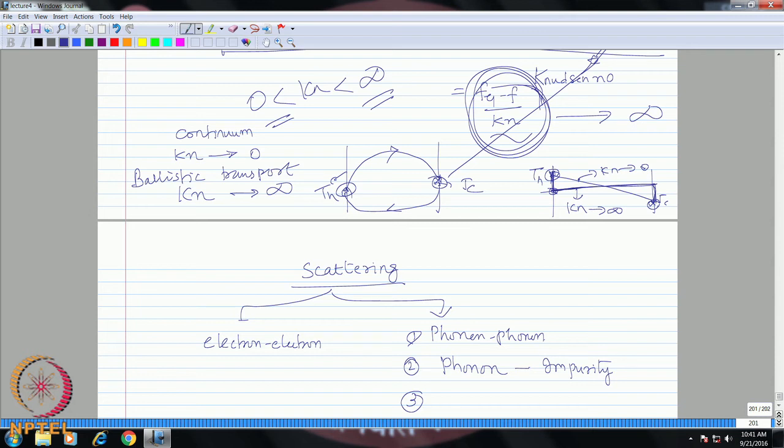So, we can say that the right hand side term goes to 0, but you also have a phonon boundary scattering. The phonon just does not go and get stuck to the boundary, it also gets scattered from the boundary surface. So, it is a physical boundary, and the phonons cannot propagate through them. So, therefore, the third kind of scattering is a phonon boundary scattering.